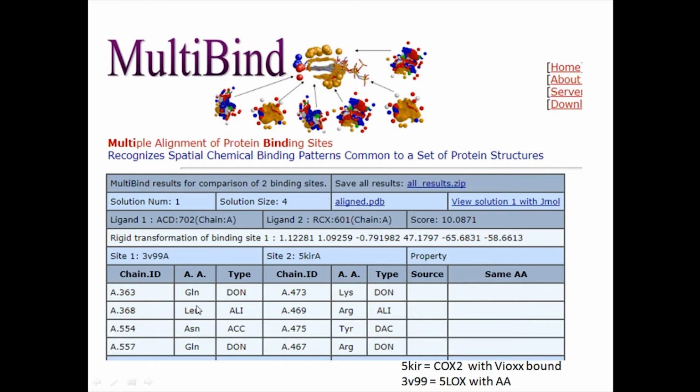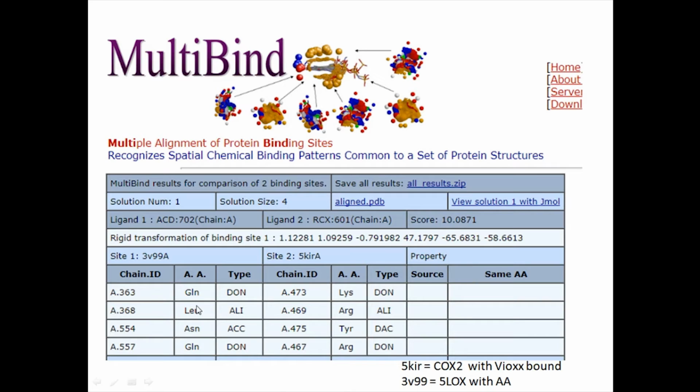Basically in the example we looked at 3V99 and we looked at 5KIR. 3V99 is the 5-lipoxygenase protein with arachidonic acid bound to it, and 5KIR is the cyclooxygenase 2 enzyme with Vioxx bound to it.